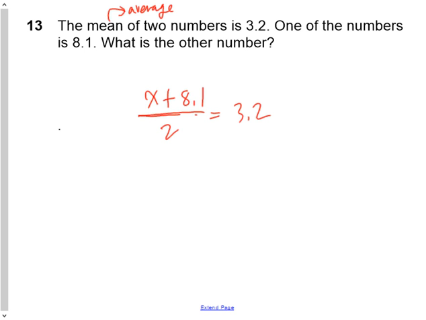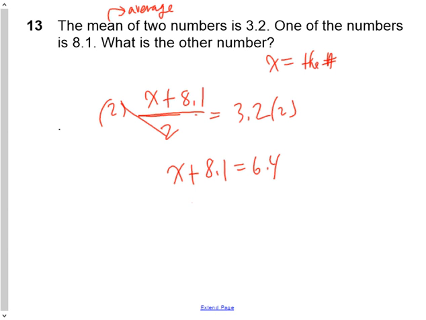So x equals the missing number. Multiply both sides by 2. x plus 8.1 equals 6.4. Subtract 8.1, and x will equal negative 1.7.